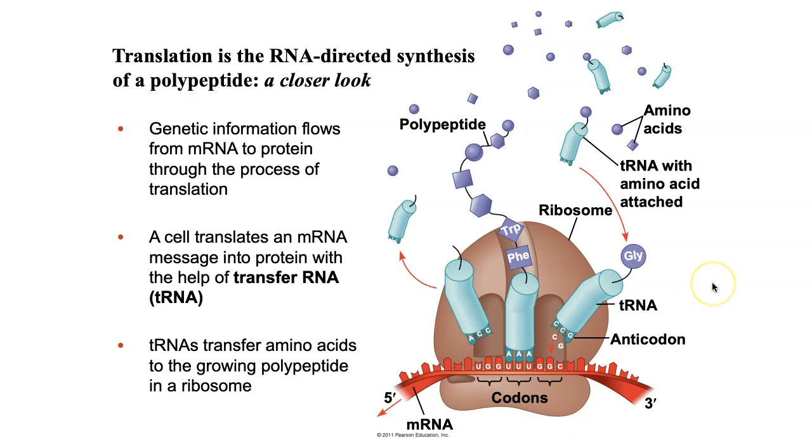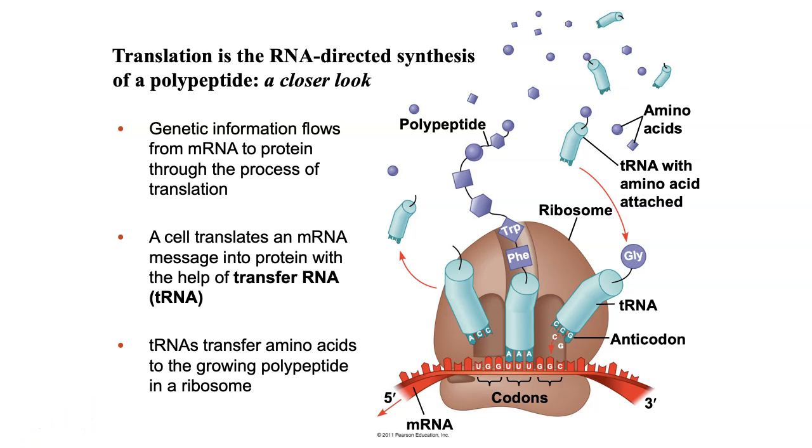And then the third type of RNA is the tRNA. The tRNA is what's carrying each of the amino acids, which are shown here as purple shapes. So all these purple shapes are representing the 20 different amino acids, and it's the tRNAs' job to carry one at a time and bring it to the ribosome. So those are the three types of RNA.